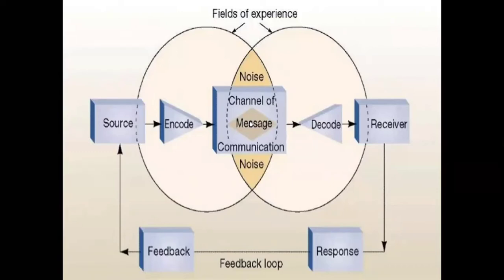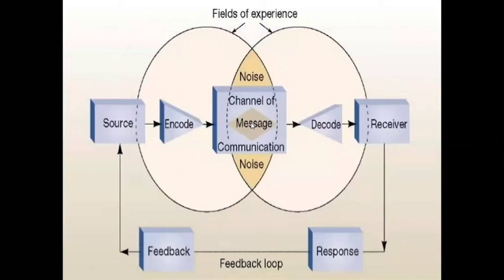When they start speaking on the telephone, there may be some error, voice breaking, wire problem, or hearing problem of the sender. That is the noise. Next, the message is decoded and received by the receiver.